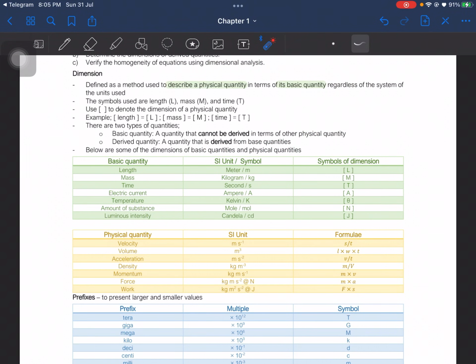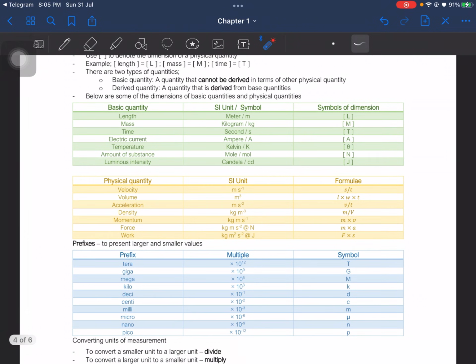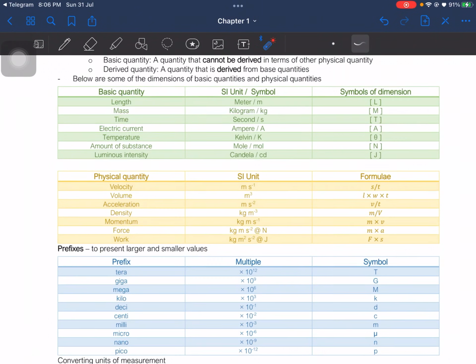Some of the dimensions of these basic quantities and physical quantities are shown in this table. Basic quantities include length, mass, time, electric current, temperature, amount of substance, and luminous intensity. These are the SI unit and the symbol.